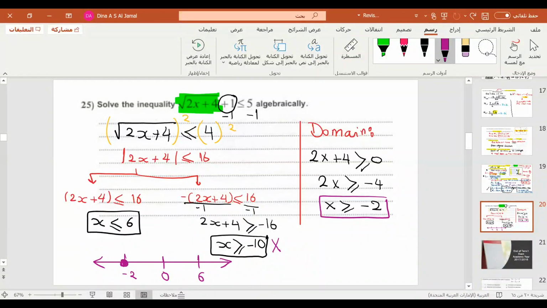Closed circle here, closed circle here, and you would like to have the values less than 6, and at the same time you would like to have the values more than minus 2. So that means you will be coloring everything inside them. So your solution set will be between minus 2 and 6. So your x will be minus 2 less than or equal x less than or equal 6.